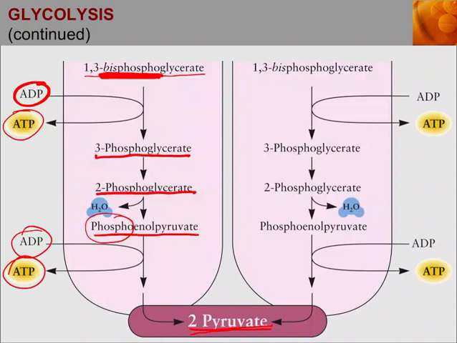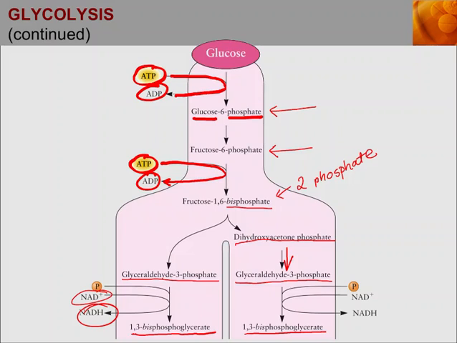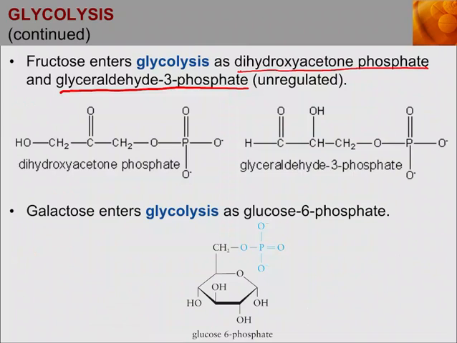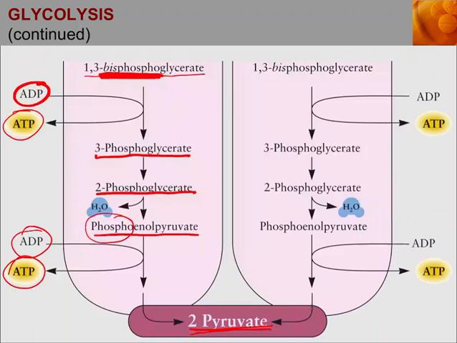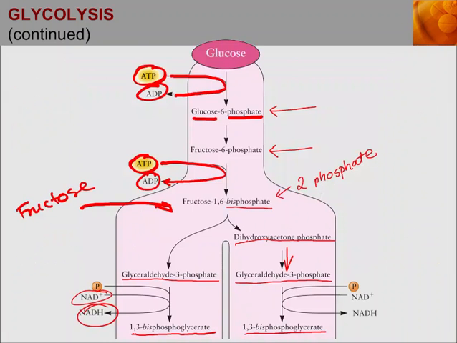So if we go back, fructose is going to enter here. All right, and then galactose enters glycolysis as glucose 6-phosphate. So let's go back. So galactose enters here.